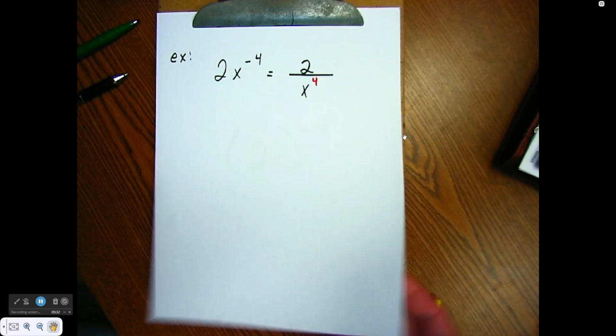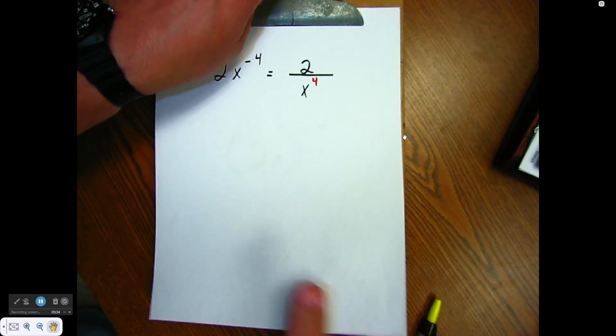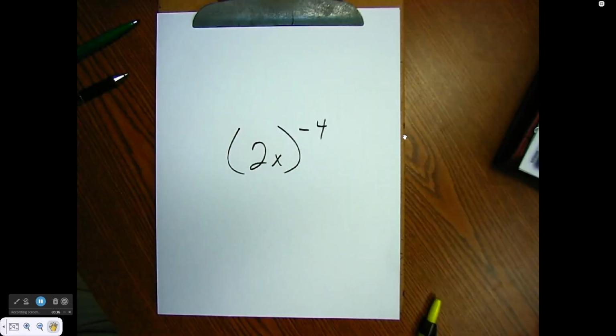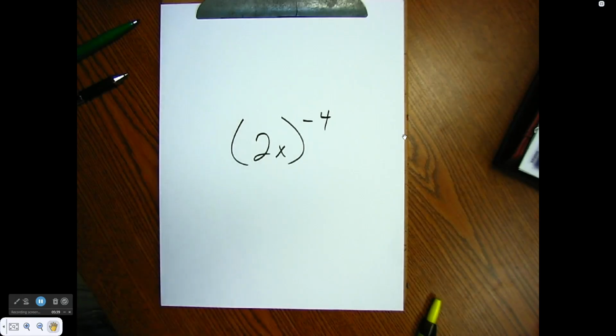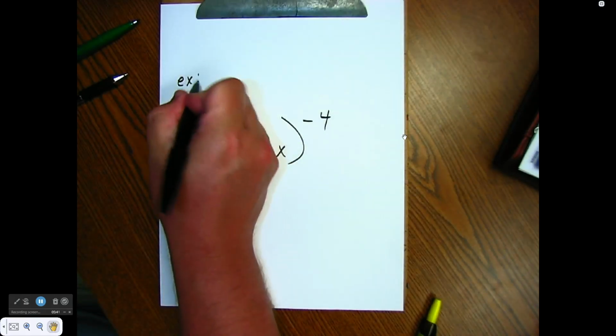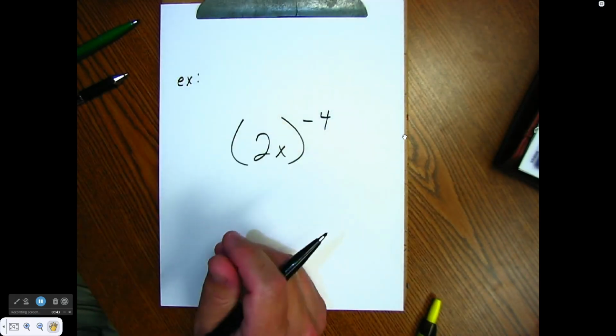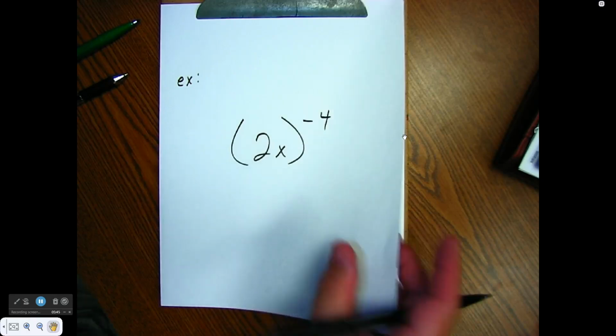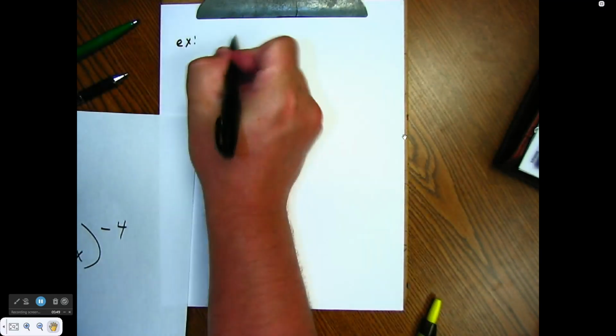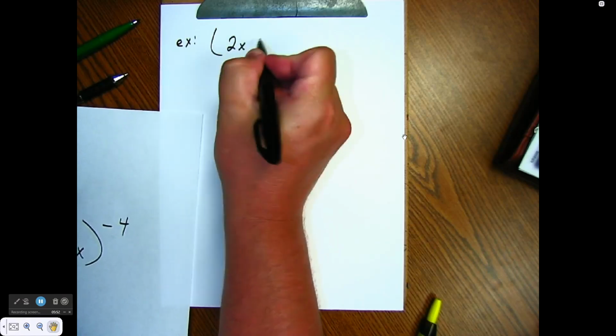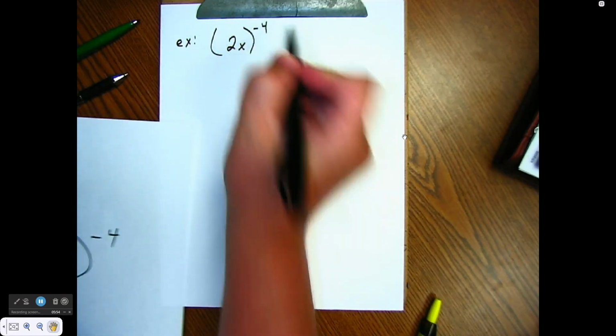Let's look at another example. How about that? Since I already wrote that out, let's make this another example. How would this look different? 2x in parentheses raised to the -4.